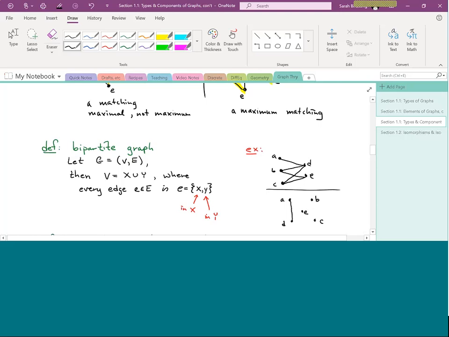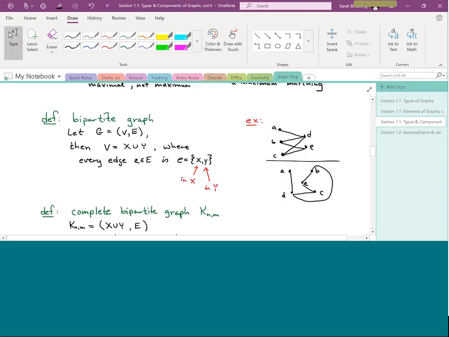Then we have B and D. We also have B and E. We also have C and D, and C and E. I definitely put the E in the wrong spot. Okay. So bipartite graphs don't have to be written in 2 columns or 2 rows, but that's their standard form, just because it makes life easier.